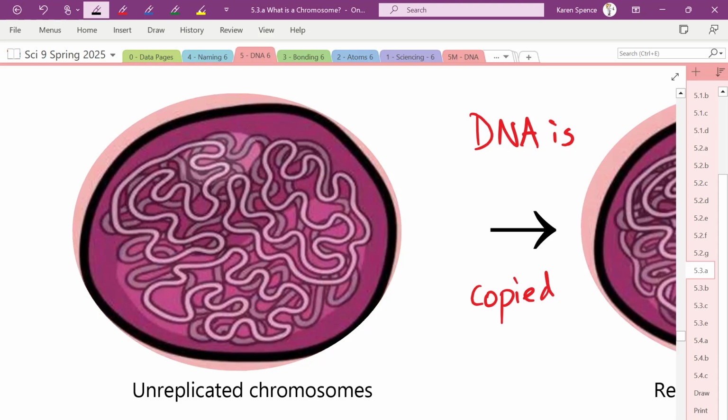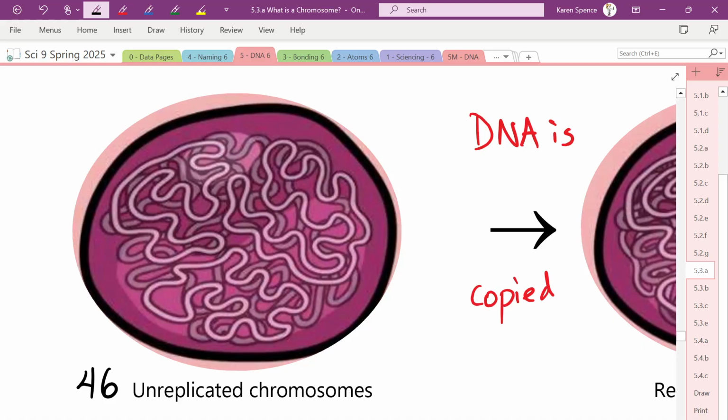In a human cell. 46. Okay, now this little bit's tricky.